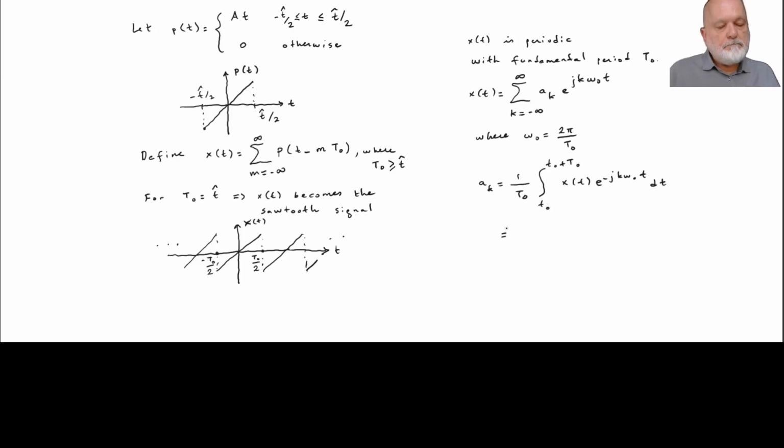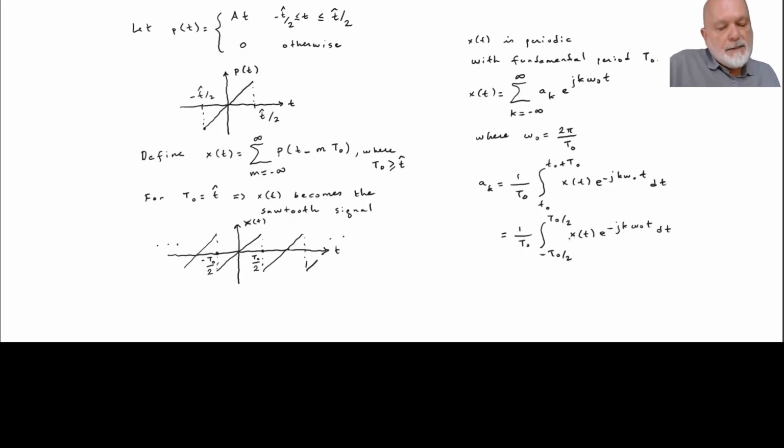So the most convenient interval for integration is, for our general case, from minus T0 over 2 to T0 over 2. So we have 1 over T0 from minus T0 over 2 to T0 over 2, x of t e to minus jk omega 0 t integrated with respect to t.